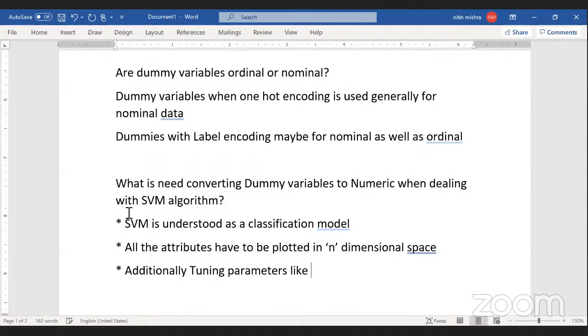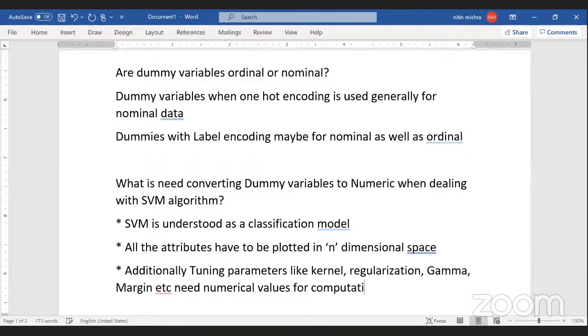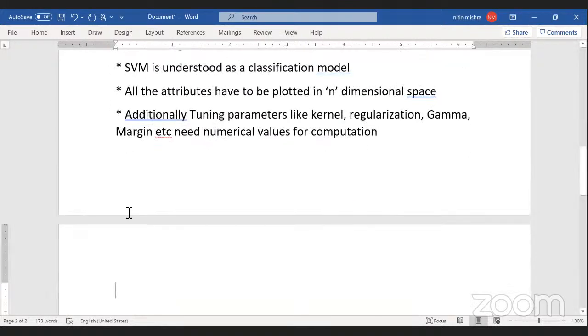Tuning parameters like these need numerical values for computation.